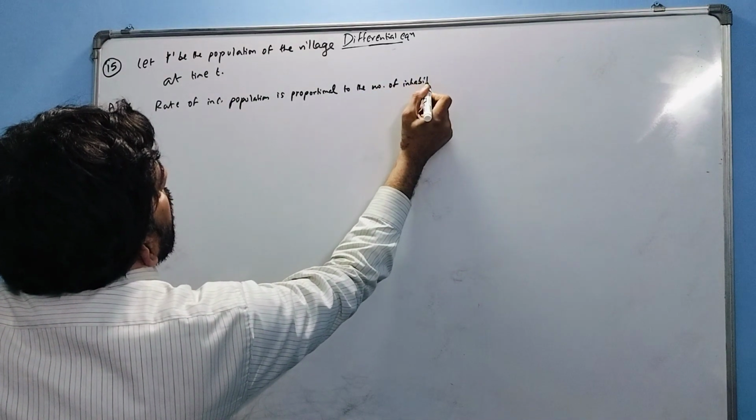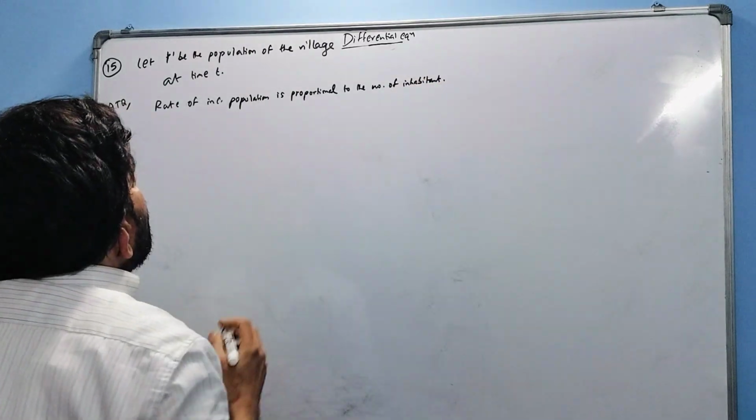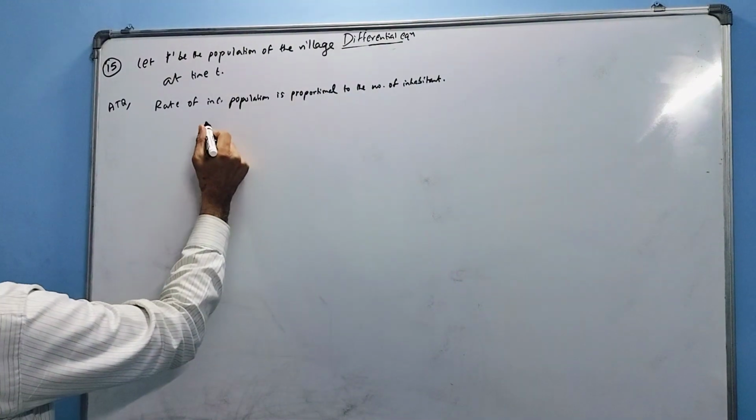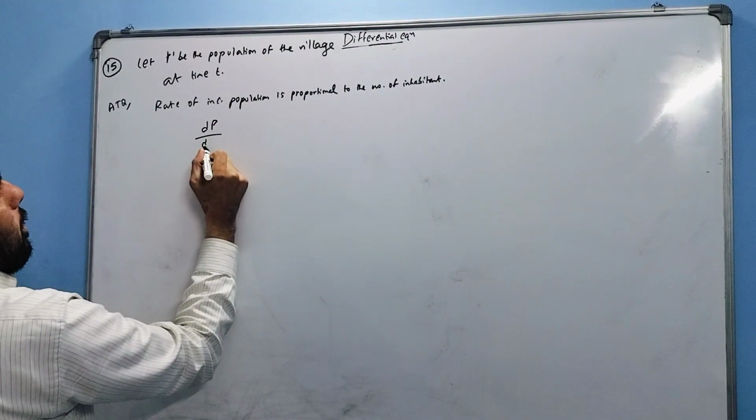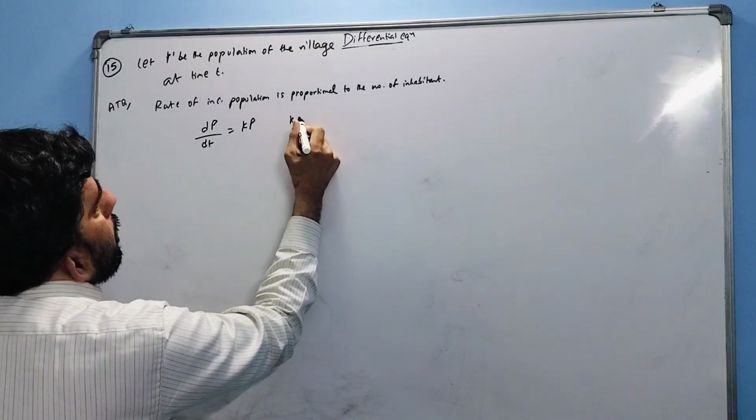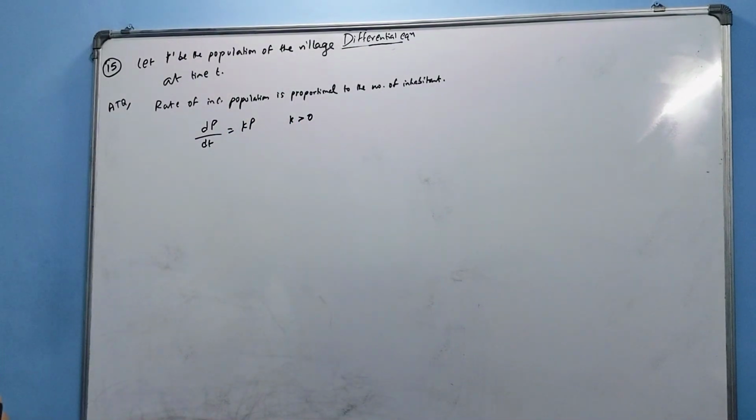So now we have dP upon dt is equal to kP. k is a constant, and k is more than 0, because the population is increasing.